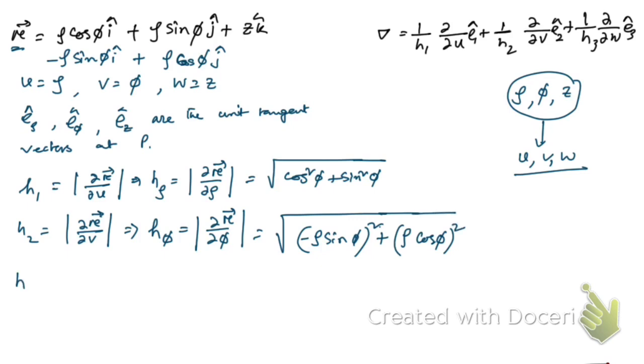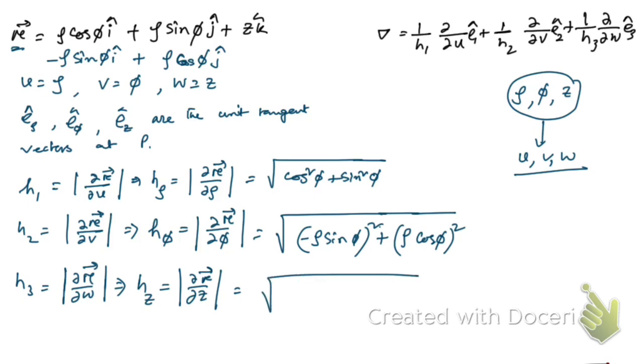And h3 is equal to mod of del w of r, that means h z, which is del z of r vector. If we differentiate r with respect to z, we get k cap only, since the other terms are not functions of z and are equal to 0. So its magnitude is 1.